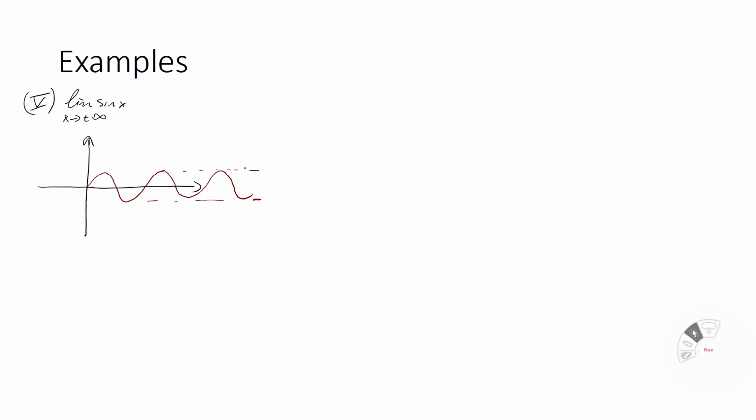So it forever cycles between minus 1 and plus 1. But as x goes to plus infinity, it doesn't really settle down on anything, so here the limit does not exist.